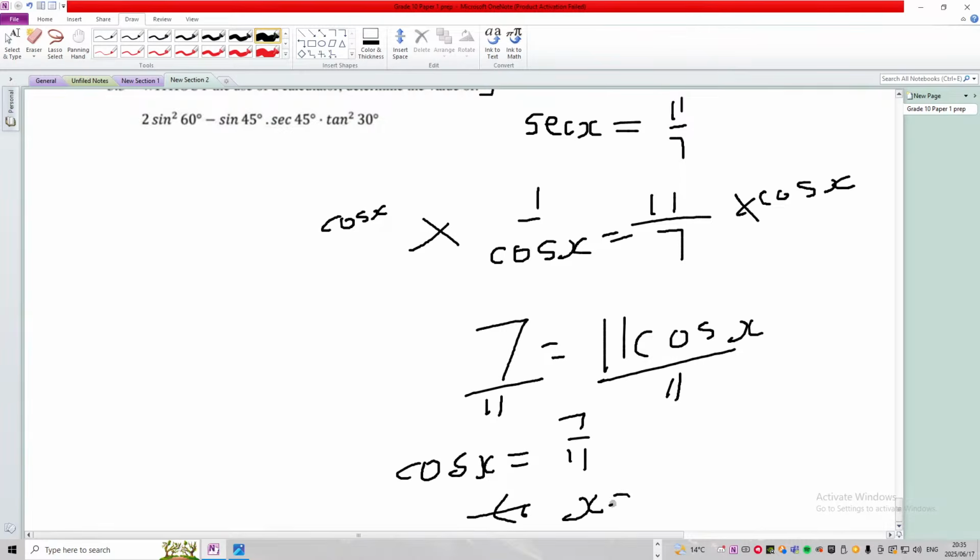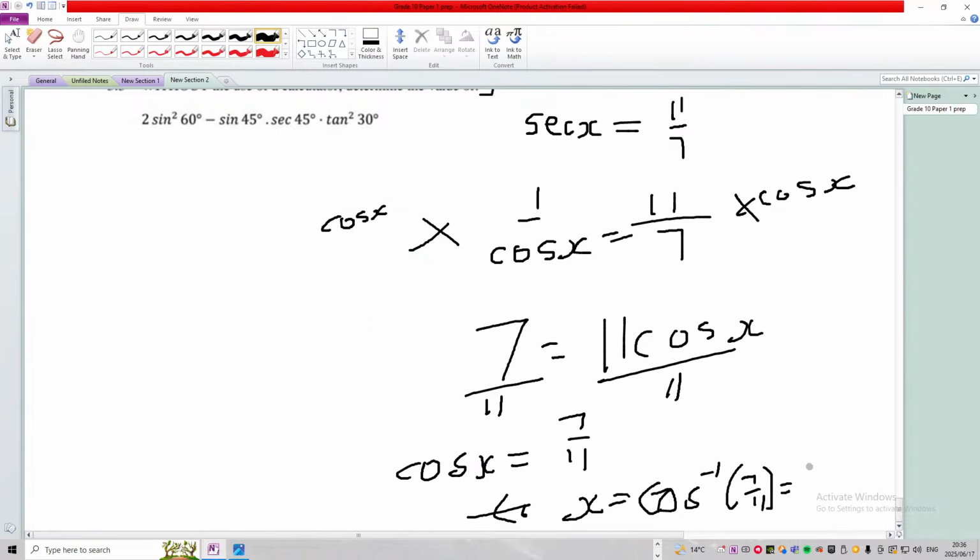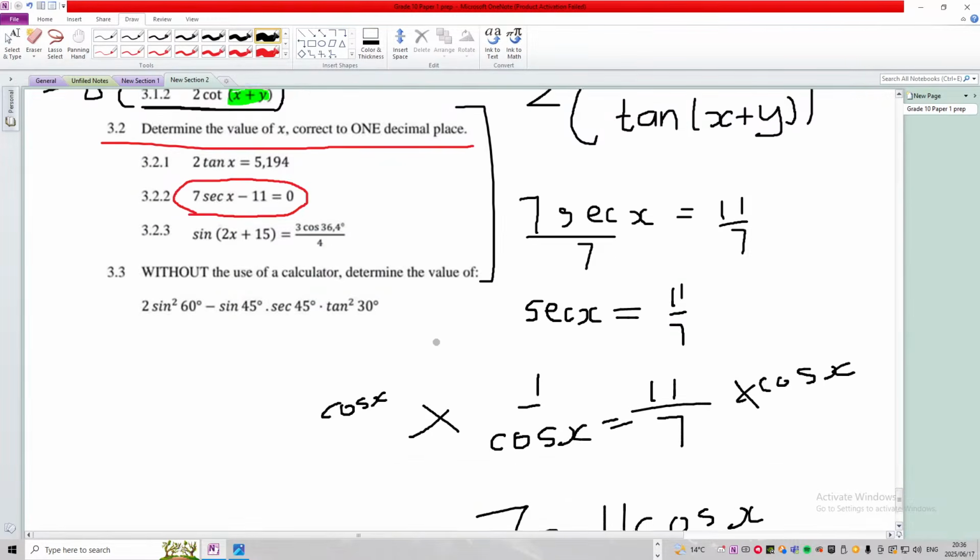Then we have x equals shift cos 7 over 11. Okay, doing this very fast. Shift cos 7 over 11, close brackets, boom, 50 degrees, 50,48. 50,48 degrees.